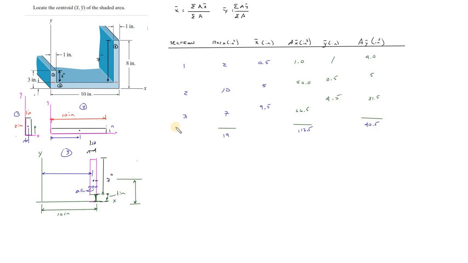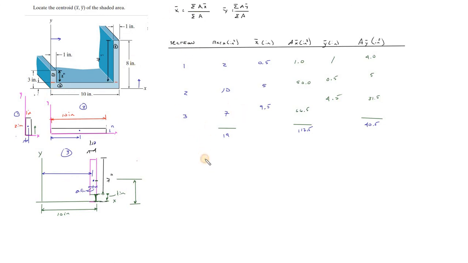So you can see that everything would be positive, because everything's on the right side of the y-axis and everything's above the x-axis, and we're not subtracting out any areas. All of these shaded areas are positive values.